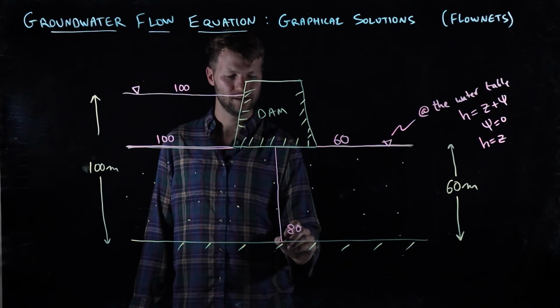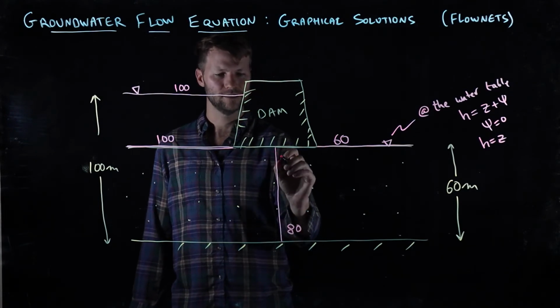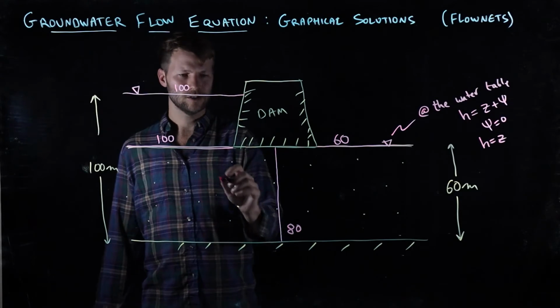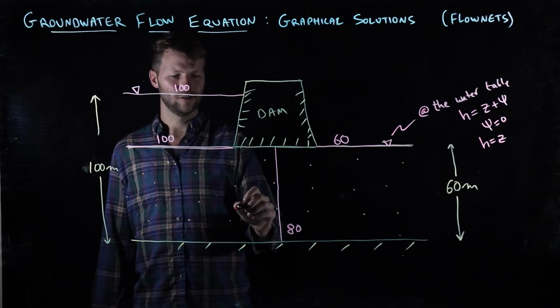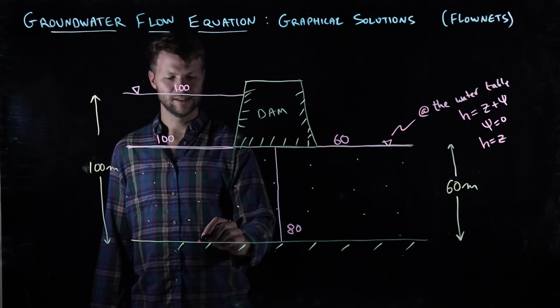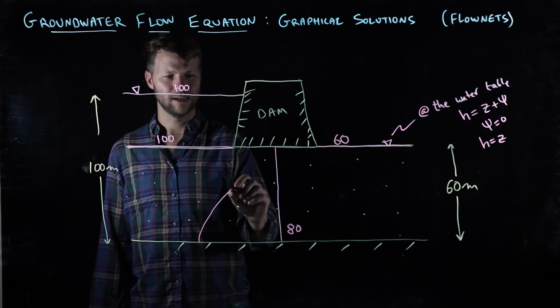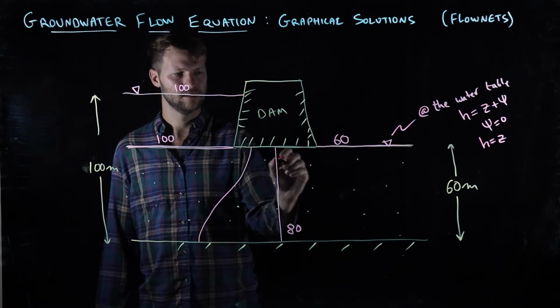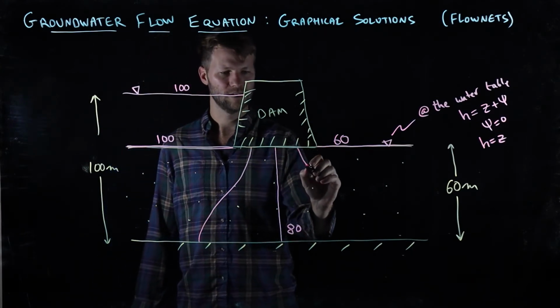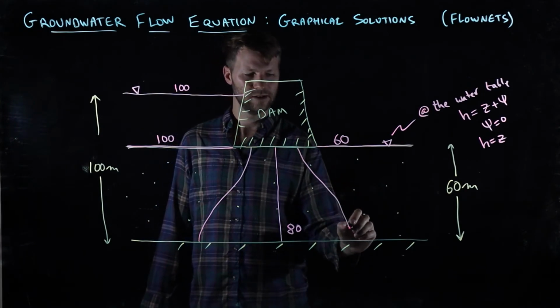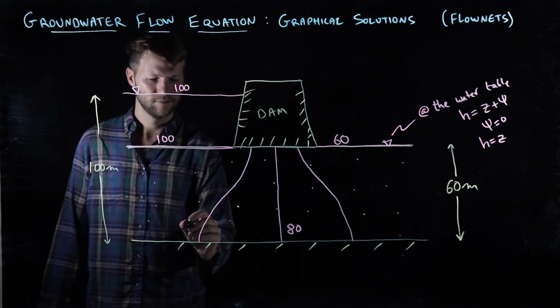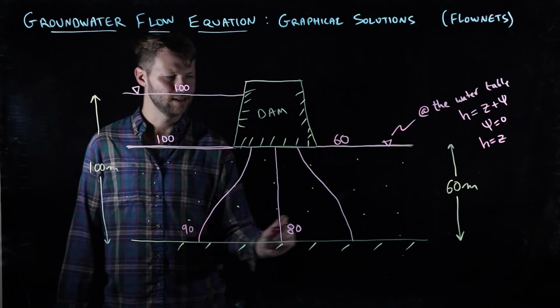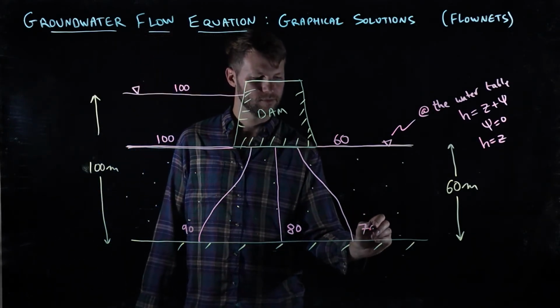It meets the impermeable boundary at right angles. And we also know that there must be two other equipotential lines somewhere in here. I don't know exactly where they are, but I'm going to kind of draw them like this. We'll label these 90 and 70.